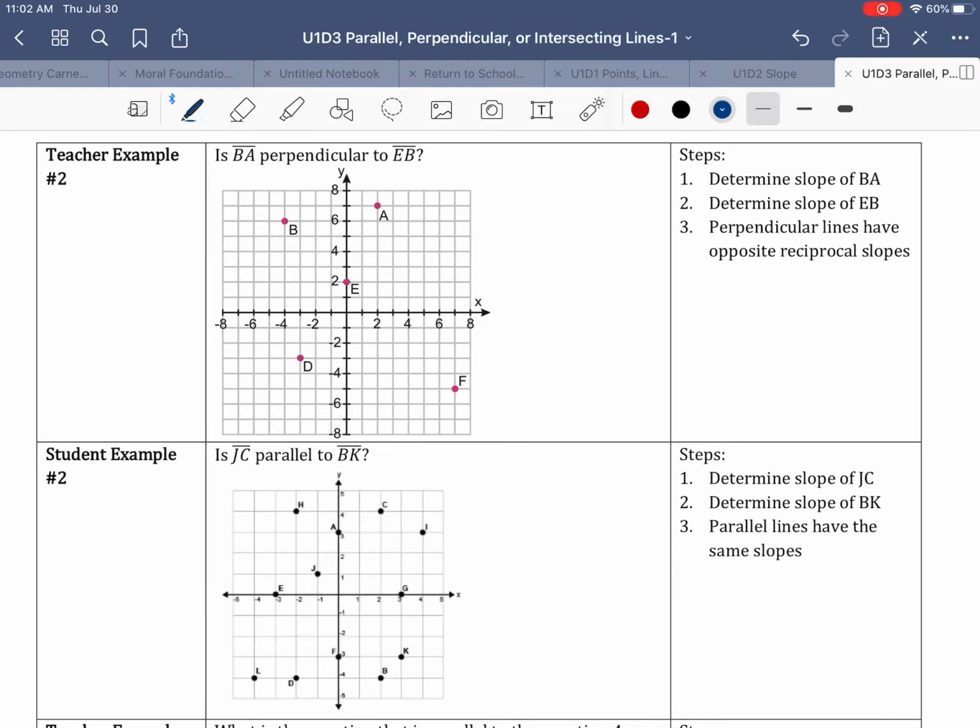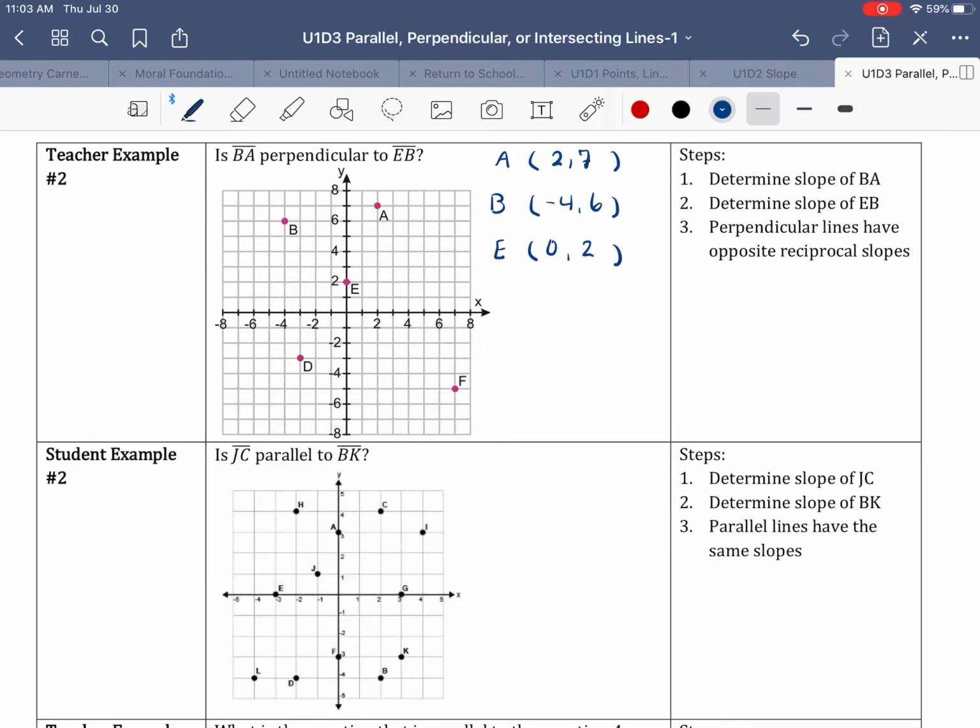All right, now let's move on to teacher example number 2. We're looking at, is segment BA perpendicular to segment EB? In order to do this, we're going to need to find the coordinate points of A, B, and E. And you'll find here we know that A is (2, 7), B is at (-4, 6), and E is (0, 2).